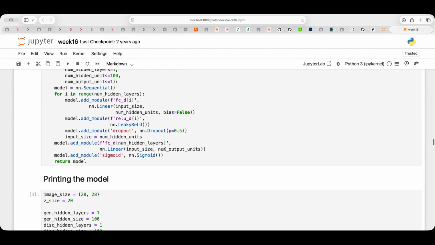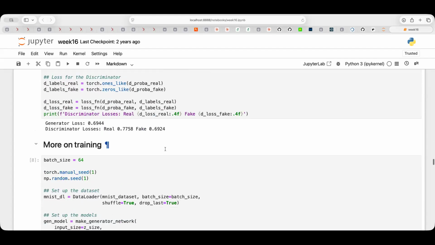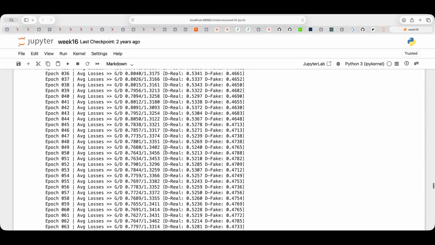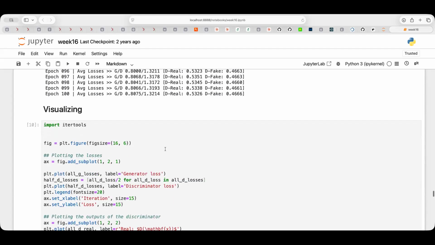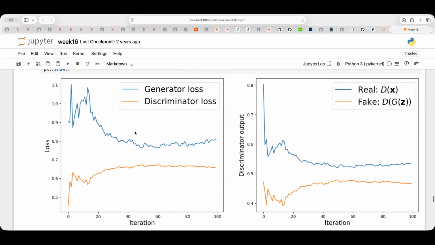So what you can see then, if you look back at this model after training, this is on the MNIST data. When you visualize things, you can then see the generator loss and the discriminator loss. They stabilize after a given number of iterations. And if you look at the values, you will see that they are getting close to 0.5.